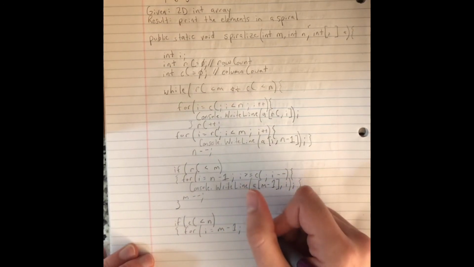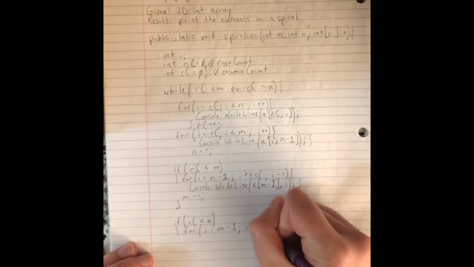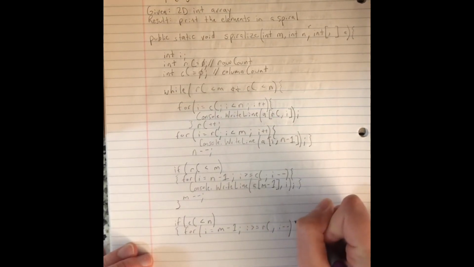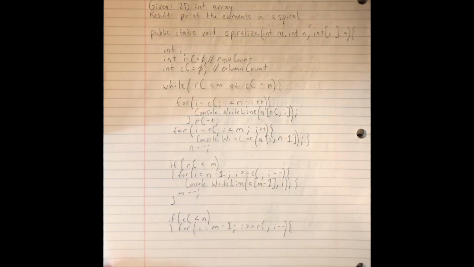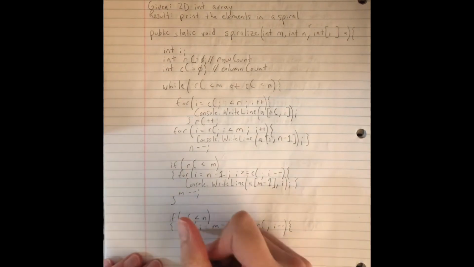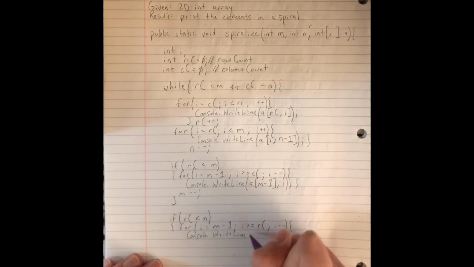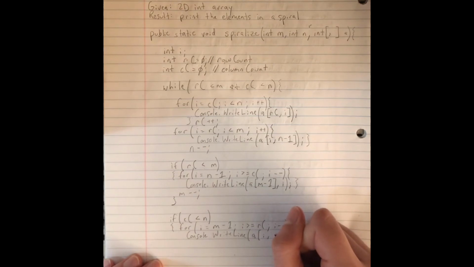While I is greater than or equal to row count, decrement I. We will print out the ith row and the column count.